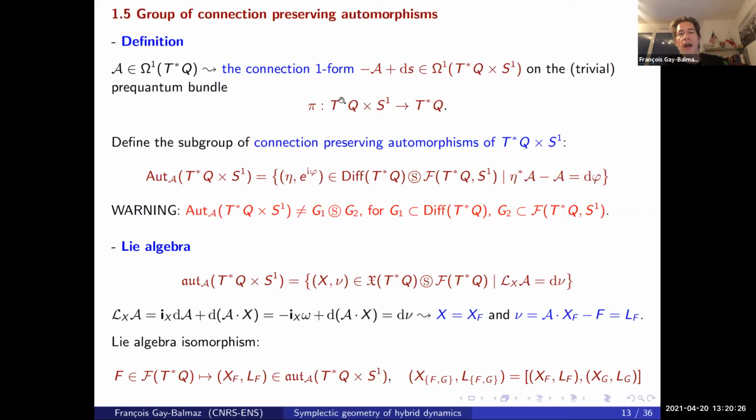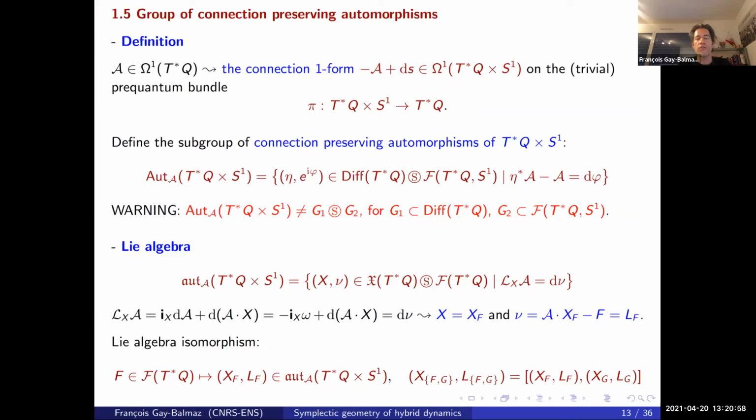So since I have this trivial principal bundle over the phase space, I can take this classical canonical one form and build a connection on it, right? And I get a pre-quantum bundle. So a natural group to be considered is the subgroup of the previous one, the one that gave the Madelung equations, the subgroup that preserves this connection.